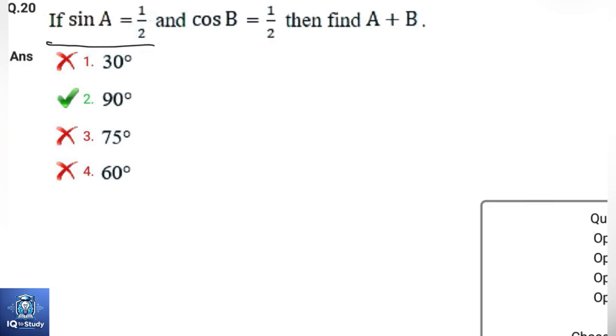If sin A is equal to 1 by 2, cos B is equal to 1 by 2, then A plus B value is.